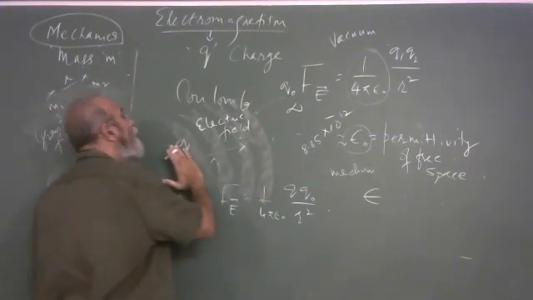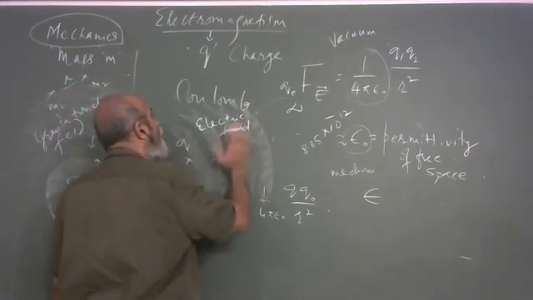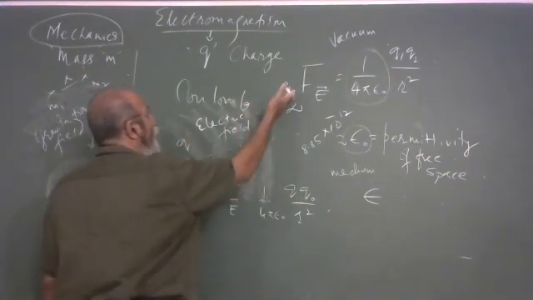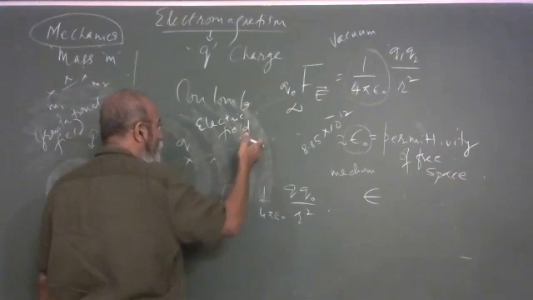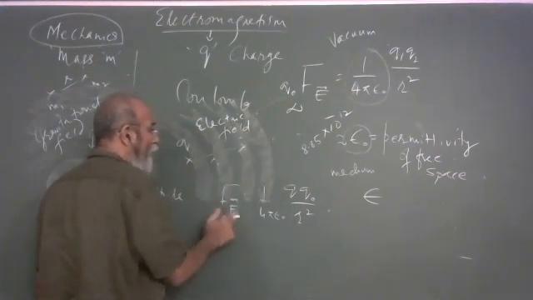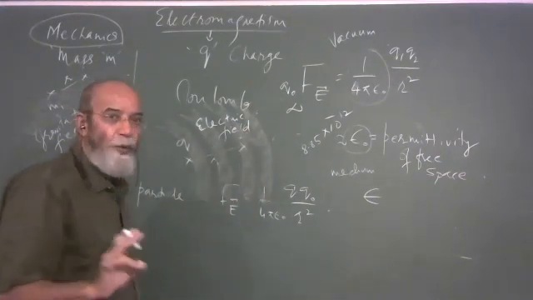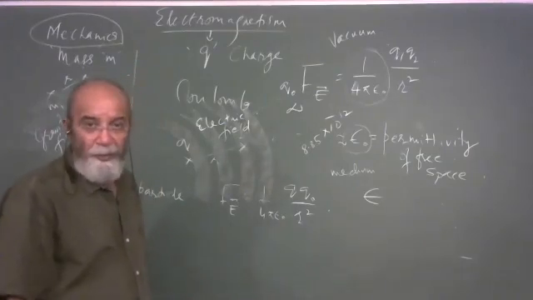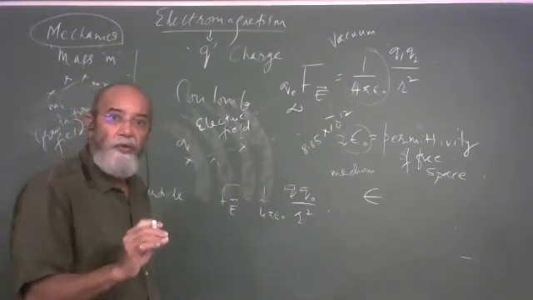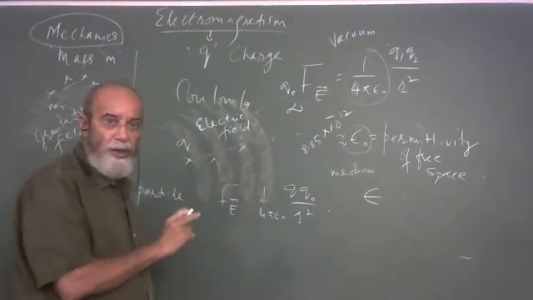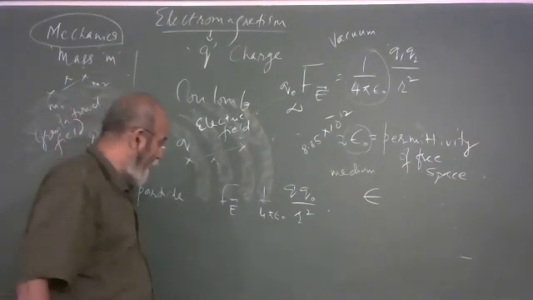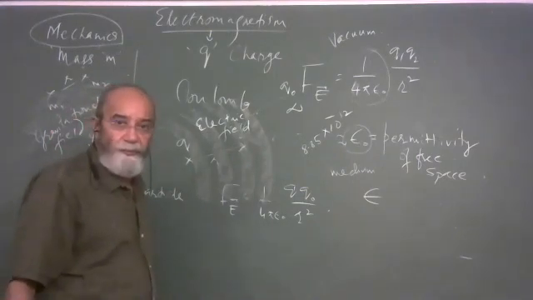You come within the electric field of a charge or a collection of charges, then you will experience Coulomb's electric force. You will experience the electrostatic force if charges are static. Very good.